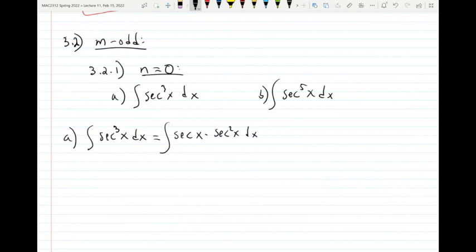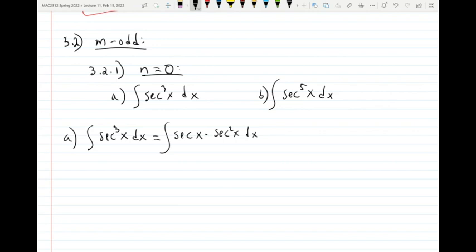So then you turn it into tangent squared of x plus 1, and then you distribute the secant of x. So you will get secant times tangent squared. How do you do that one? Wouldn't it just be secant tangent times... wait, the derivative of tangent is secant squared. Oh, never mind, I messed up. Too many tangents and secants. So we get stuck there.